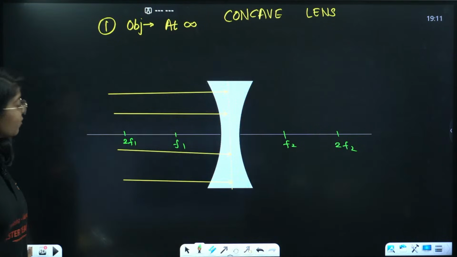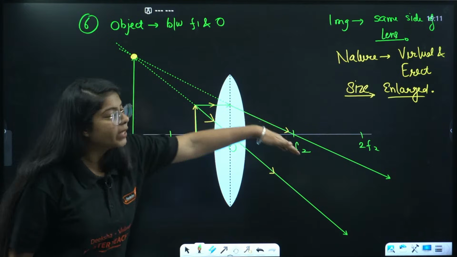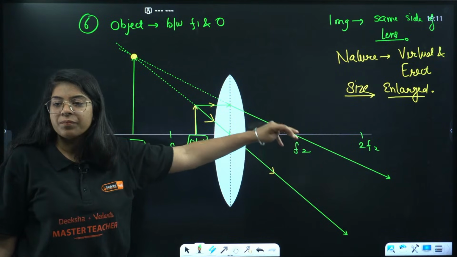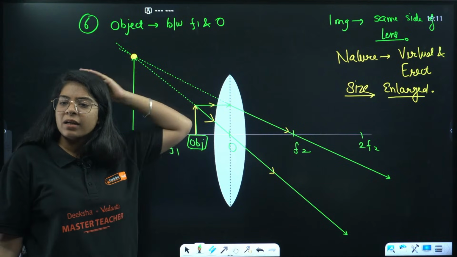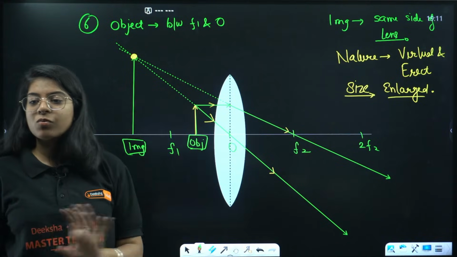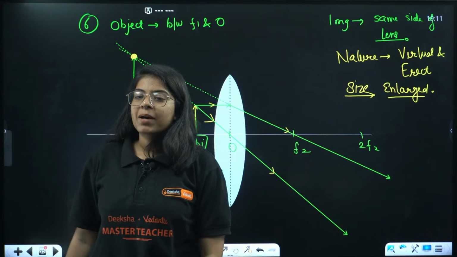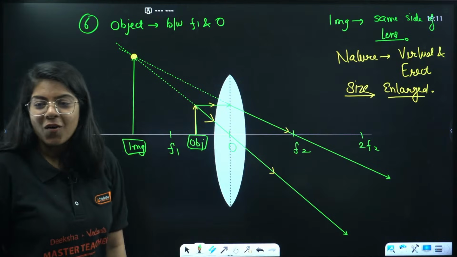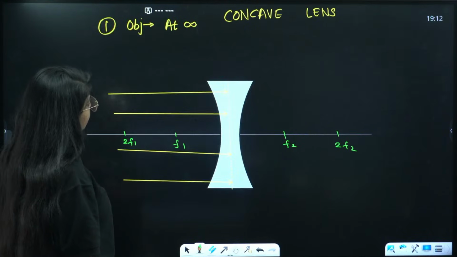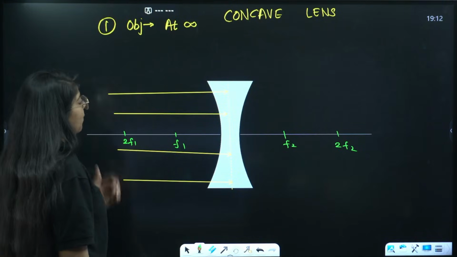In the case of the convex lens, the rays were meeting at the focus. In the first case of the concave lens, the image is formed at the focus on the same side as the object. It is virtual, erect and highly diminished. Very good, Sona. Now what will happen?